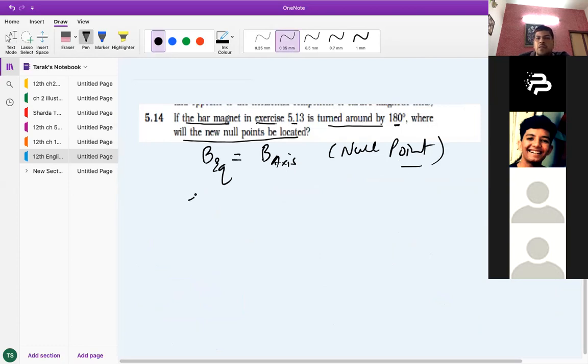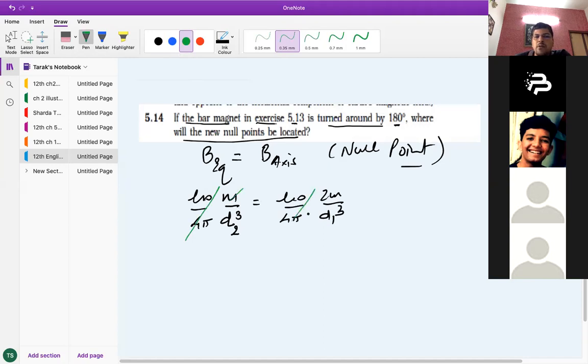Place the values. This is mu 0 divided by 4 pi m, and I am mentioning this one as d2 cubed, equal to mu 0 divided by 4 pi, 2m divided by d1 cubed. We can see that mu 0, 4 pi and m can be cancelled out.